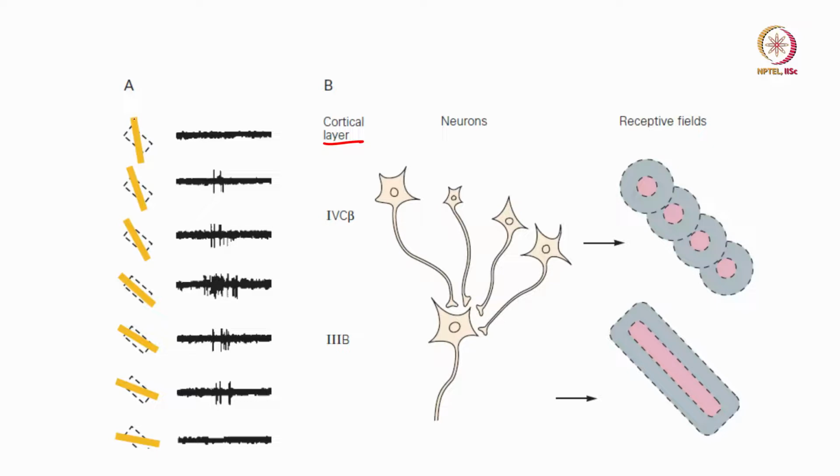You have a stimulus which is going from here and then turning, with signals which are not there here and not there here, but you have robust signals over here. So, this indicates from the receptive field data that there is a line, which is the interpretation of a line.